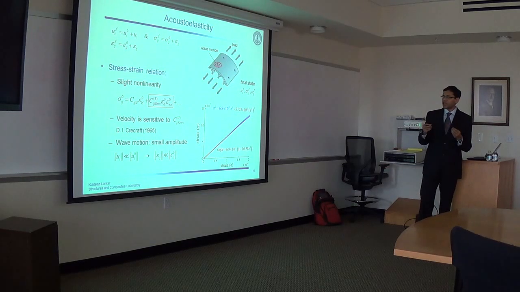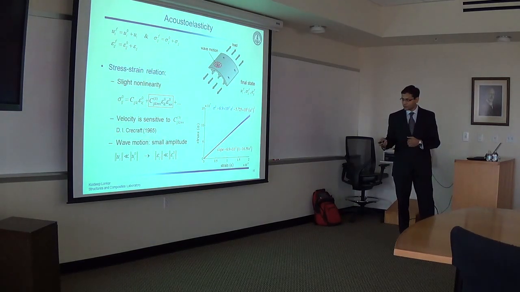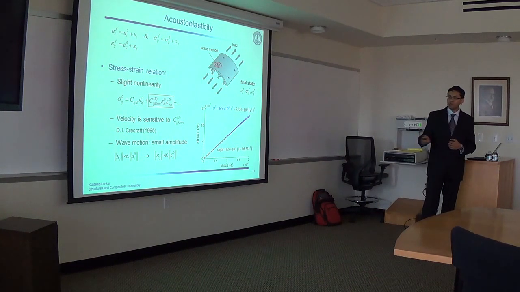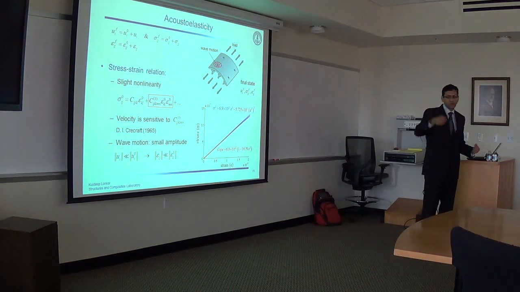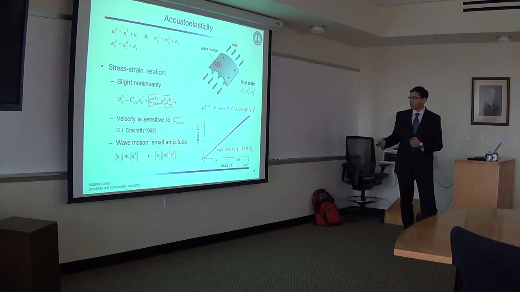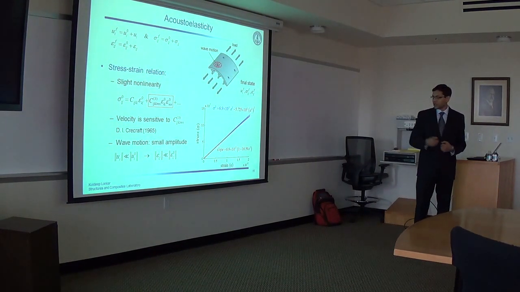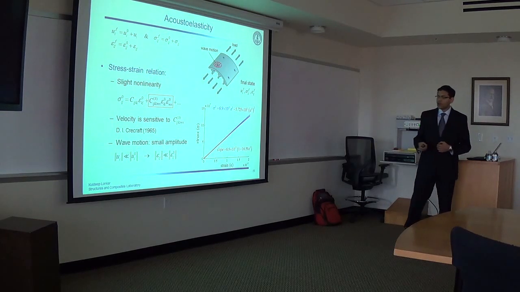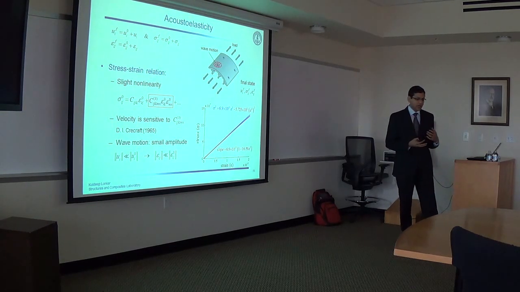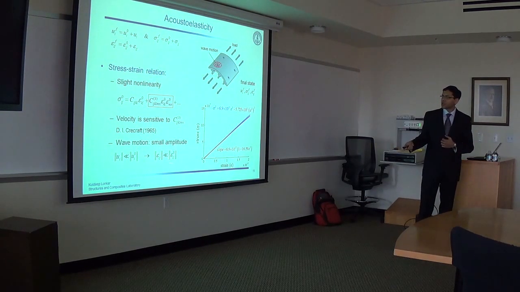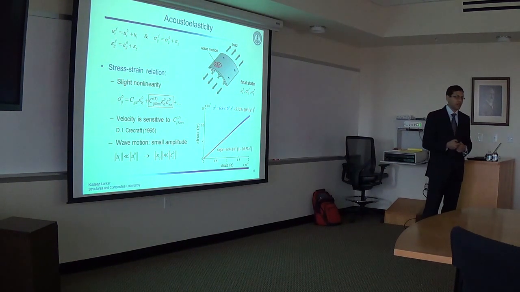Now this wave motion is very small amplitude, so the incremental displacement because of the wave motion is very small compared to the displacement because of the static loads. And also the incremental strain is also small compared to the strain because of the static load. So when we compute these effective elastic moduli, we only take into account the strain due to the static load in the initial state.